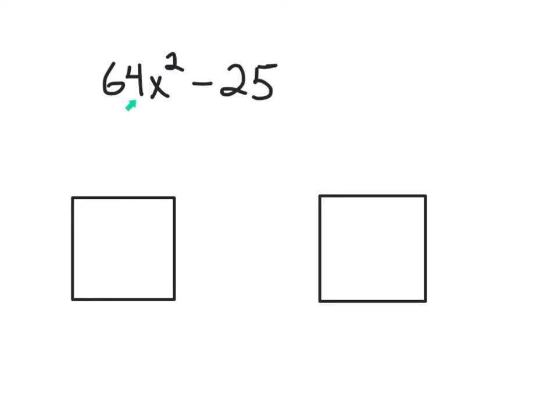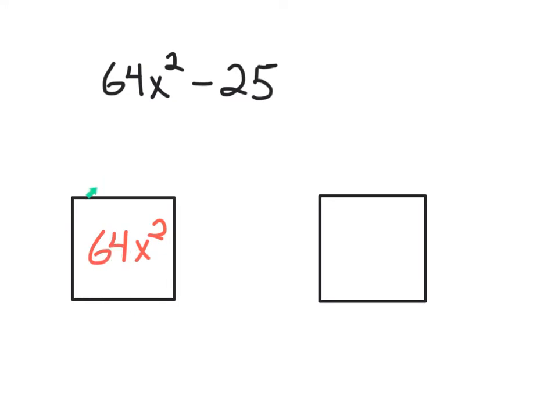So if we look at this 64x squared minus 25, if we think of this 64x squared as the area of this square, I'll go ahead and write that in here. Let's say this is 64x squared, and that represented the area of this square.